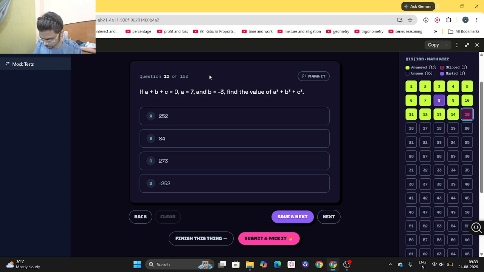So C is equal to minus 4. So we have 7 cube minus 3 cube plus minus 4 cube, which is 343 minus 27 minus 64. 64 plus 27 is 91. 343 minus 91 is 252.